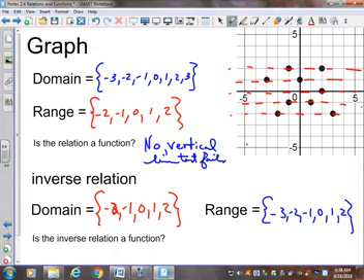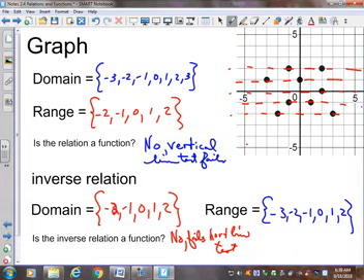And then you can use the horizontal line test to see if each x of the inverse only has one y. So this definitely breaks it, almost every horizontal line has 2 points. So the inverse is not a function. No, because it fails the horizontal line test.